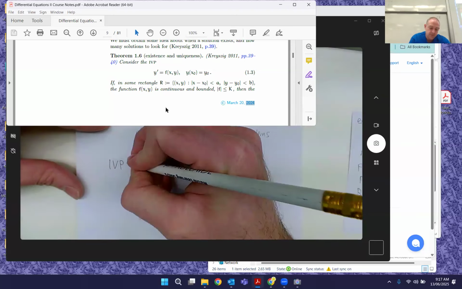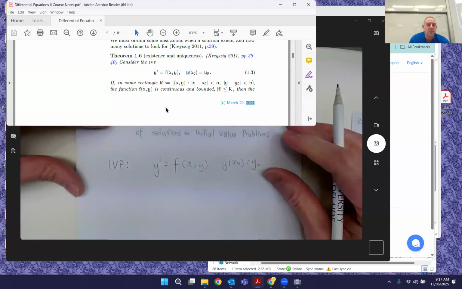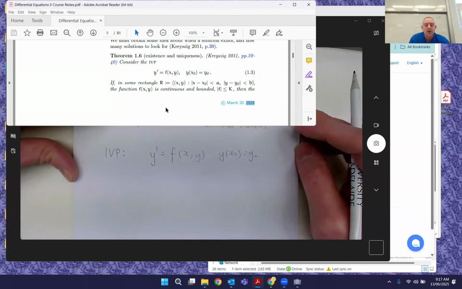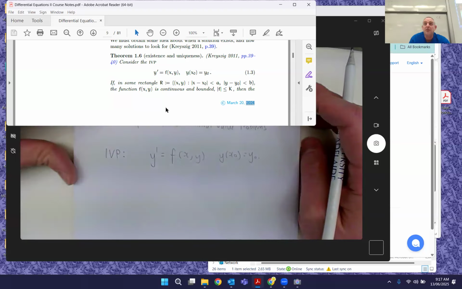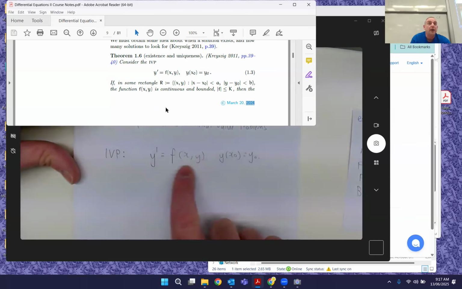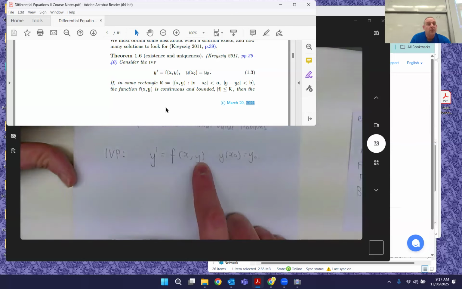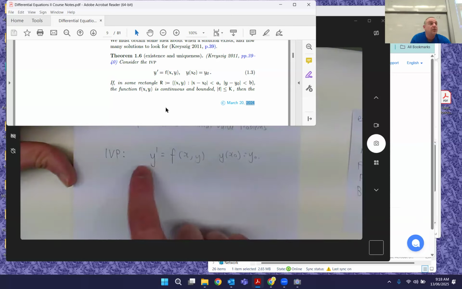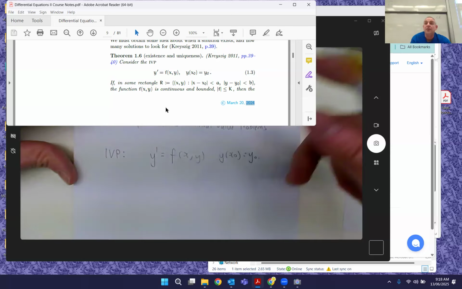Okay. So before I continue, I just want to make sure I understand what this means. This means my differential equation is written in the format dy/dx equals some function of x and/or y. So any other form of writing a differential equation does not match with this theorem.